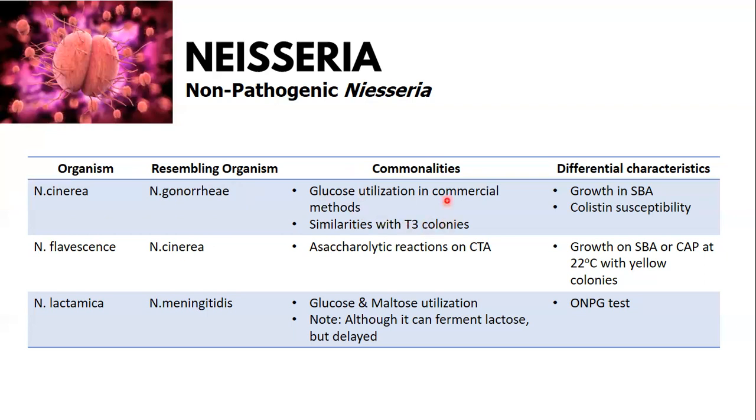And to differentiate them, take note that Neisseria cinerea grows on sheep blood agar, while N. gonorrhoeae cannot because it's fastidious. And N. cinerea is susceptible to colistin.